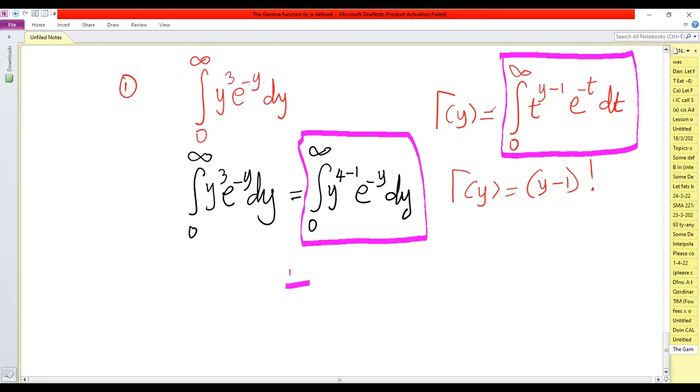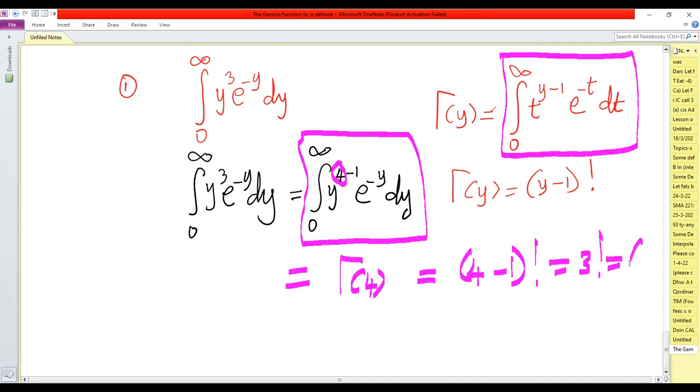So this is simply the definition of gamma of 4. And gamma of 4 is the same as 4 minus 1 factorial. 4 minus 1 is the same as 3, and 3 factorial is the same as 6. So therefore, the answer to this integral is just 6.